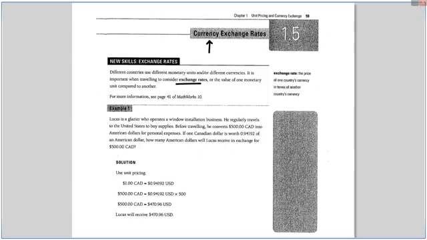If you take a look at the first example, you can see they have it right here. 1 Canadian dollar is worth, looks like, 94 cents of an American dollar.